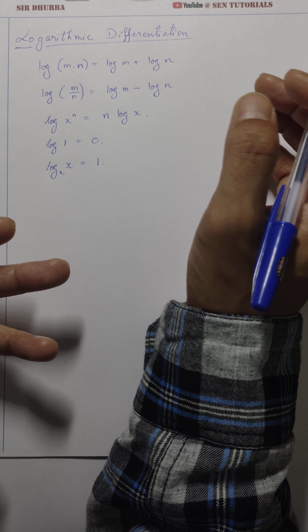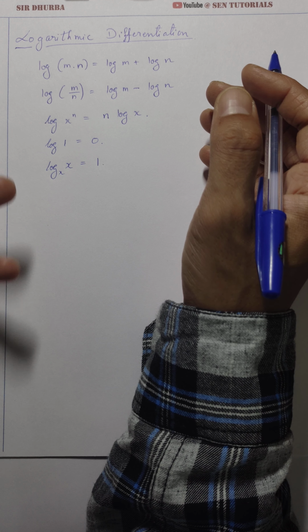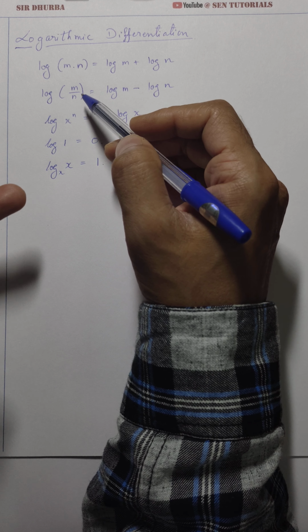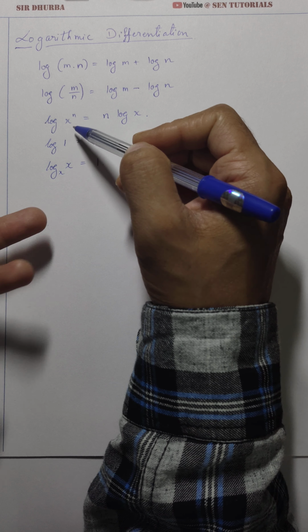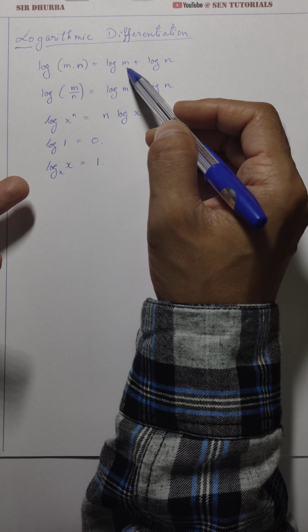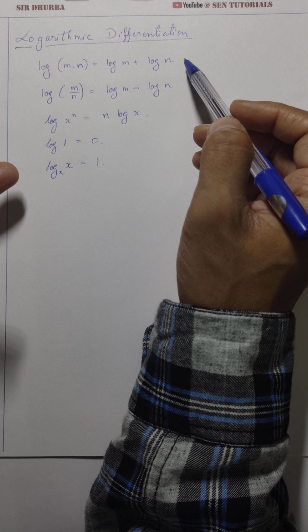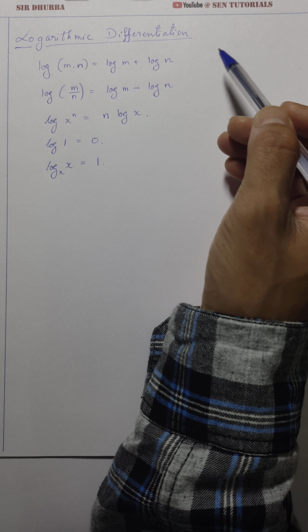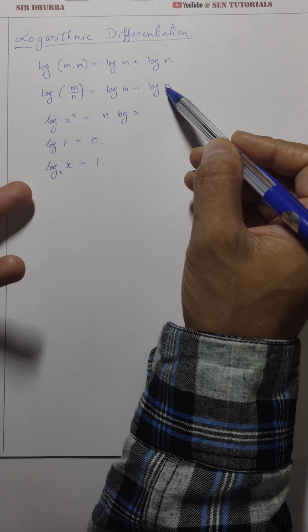Alright then, as a summary, we will be needing a few concepts, that is product, quotient, exponent. So log of m into n is log m plus log n. As I told in the previous video, it can be extended to 3 terms also. Log of m by n is log m minus log n.